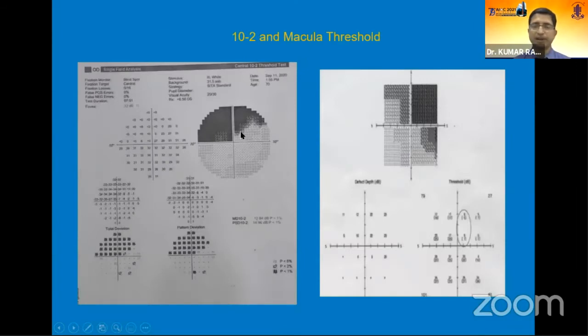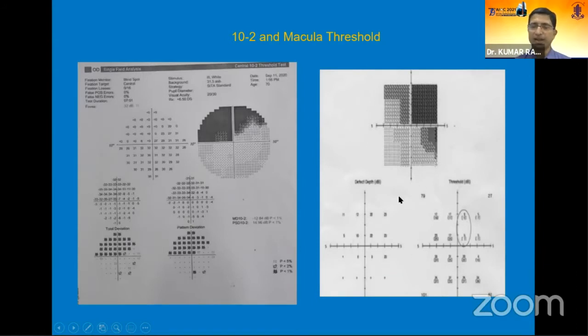And if we want a better assessment of the macular region, we can go for a macular threshold program. But whenever we are ordering unusual programs like macular threshold, we should be aware that the system will not do the statistical analysis which it does in case of 24-2 or 30-2. Like we do not get the total deviation or pattern deviation plot when we are doing these programs.